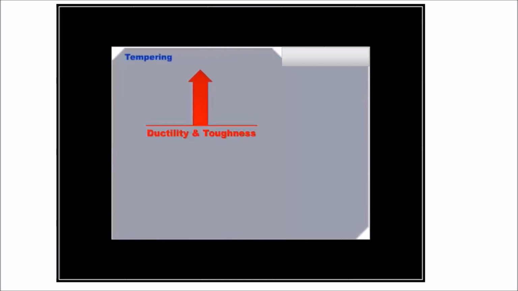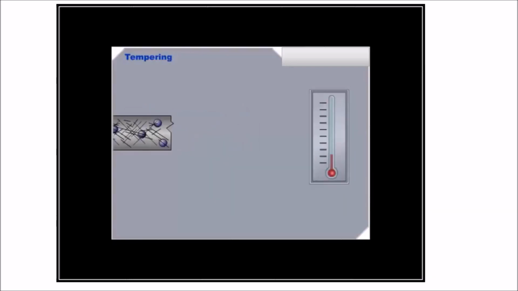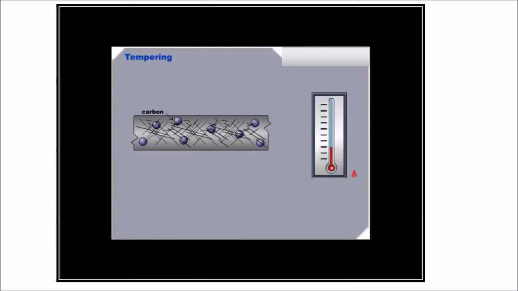To improve the ductility and toughness without significantly decreasing the hardness and tensile strength of the martensite, a process referred to as tempering is employed. This heat treatment consists of reheating the quenched martensitic structure to some temperature below the lower transformation temperature, 1,333 degrees Fahrenheit.